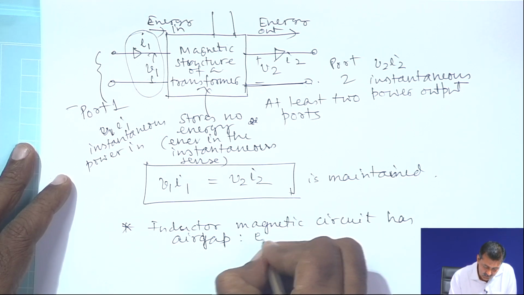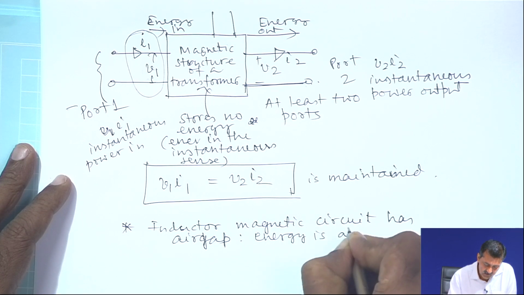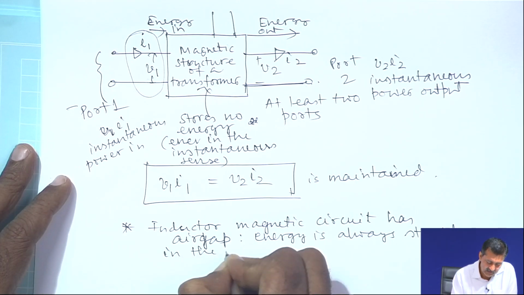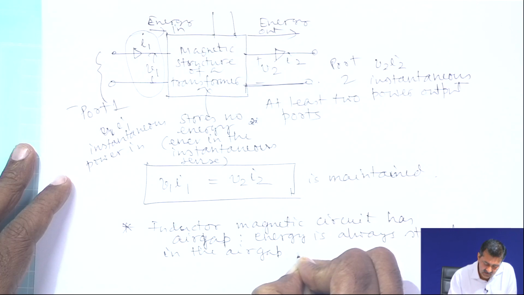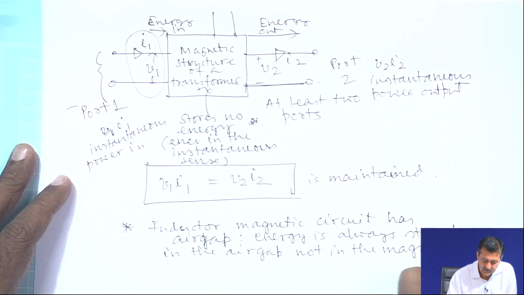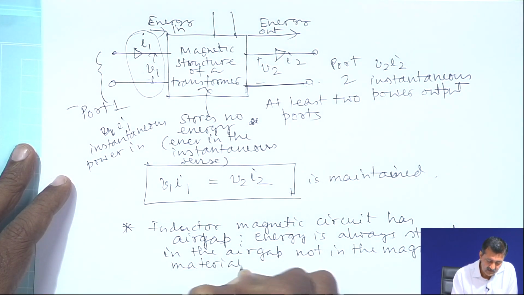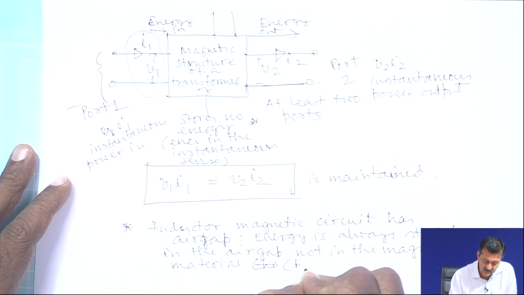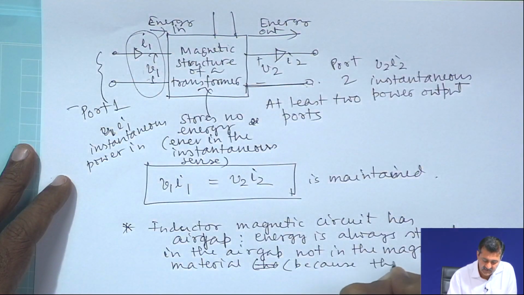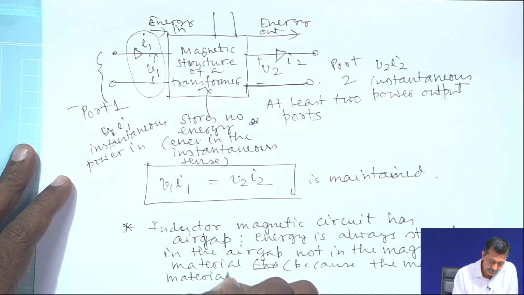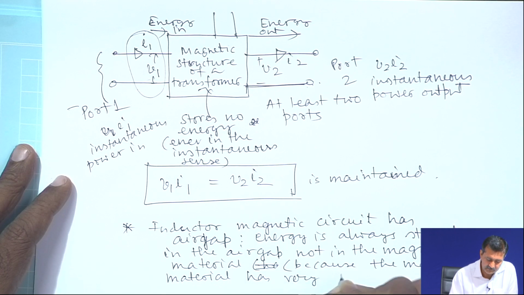Energy is always stored in the air gap, never in the magnetic material. The reason is that the magnetic material has very high permeability, very high mu r.